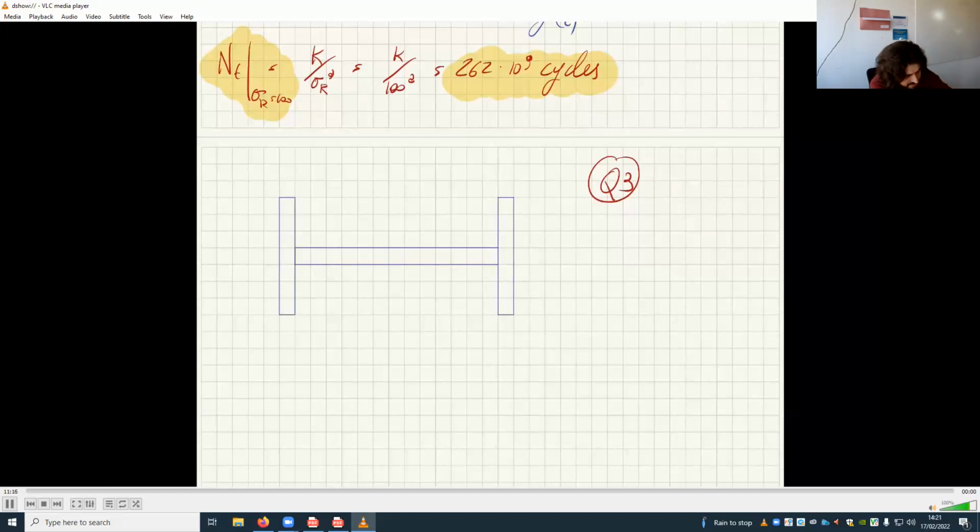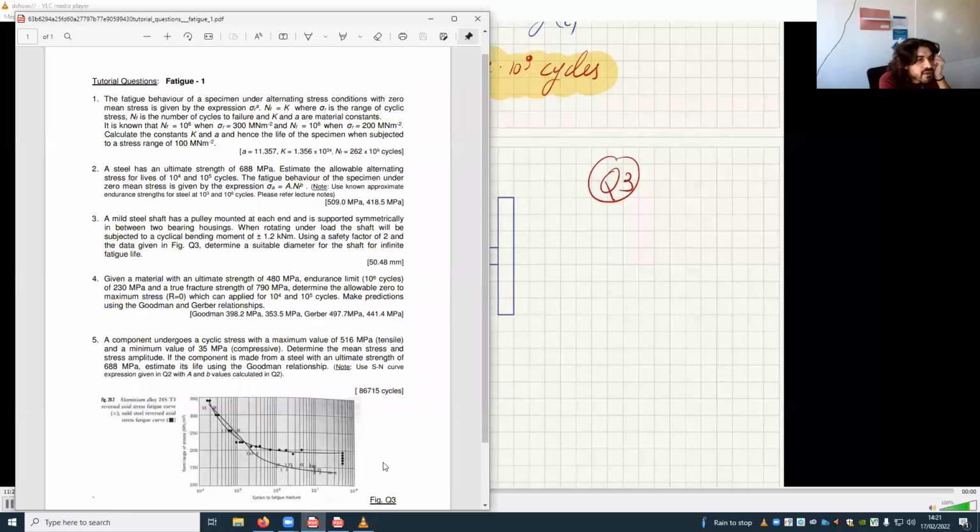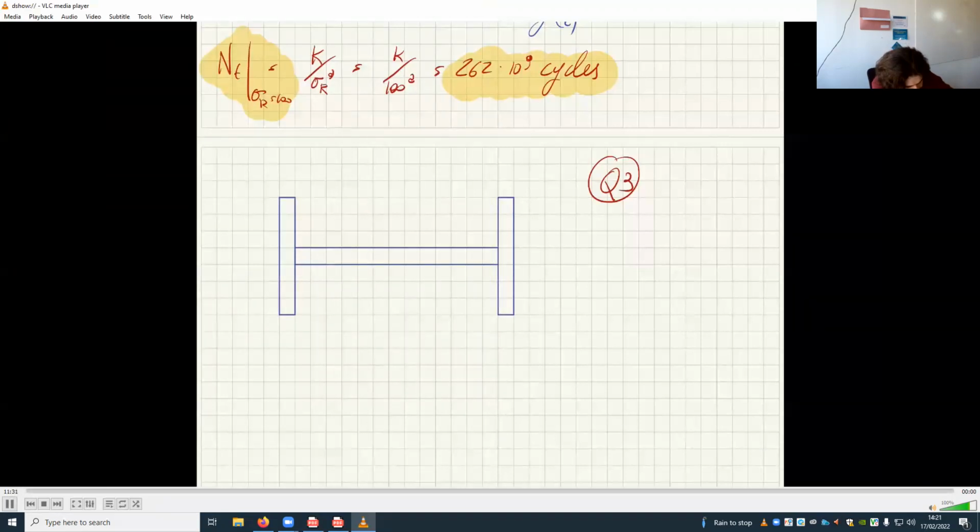And it says this is being symmetrically supported. What did it say? Supported symmetrically in between two bearing housings. So that means that this should be a bit longer.